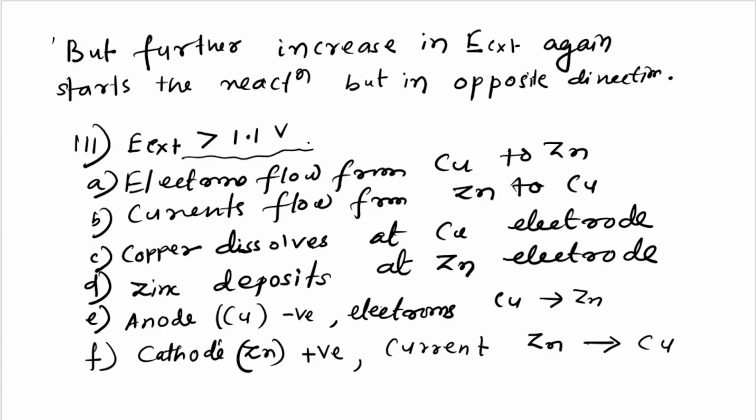Copper dissolves at the copper electrode. Zinc deposits at the zinc electrode, just opposite to when it is less than 1.1 volts. The anode is copper, electrons flow from copper to zinc, the cathode is zinc, positive, and current flows from zinc to copper. You can observe it is just opposite to when it is less than 1.1 volts.